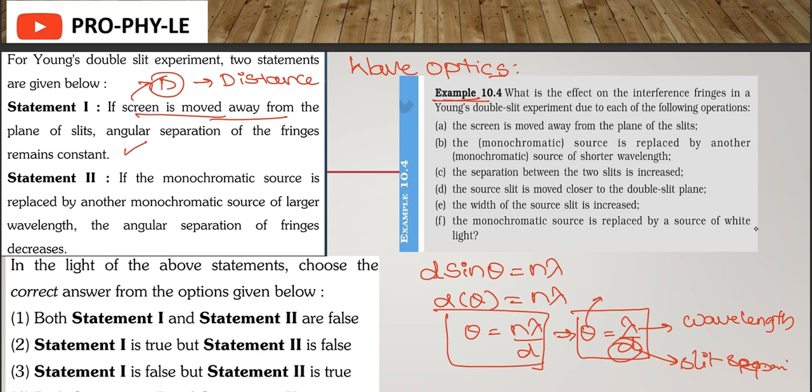Now if the monochromatic source is replaced by another monochromatic source of larger wavelength, as we have θ = λ by d, if the wavelength is increased, then the angular separation of the fringes increases. That statement is wrong. So statement 1 is true, but statement 2 is false, because angular separation is directly proportional to wavelength and inversely proportional to slit separation, independent of the slits to screen distance.